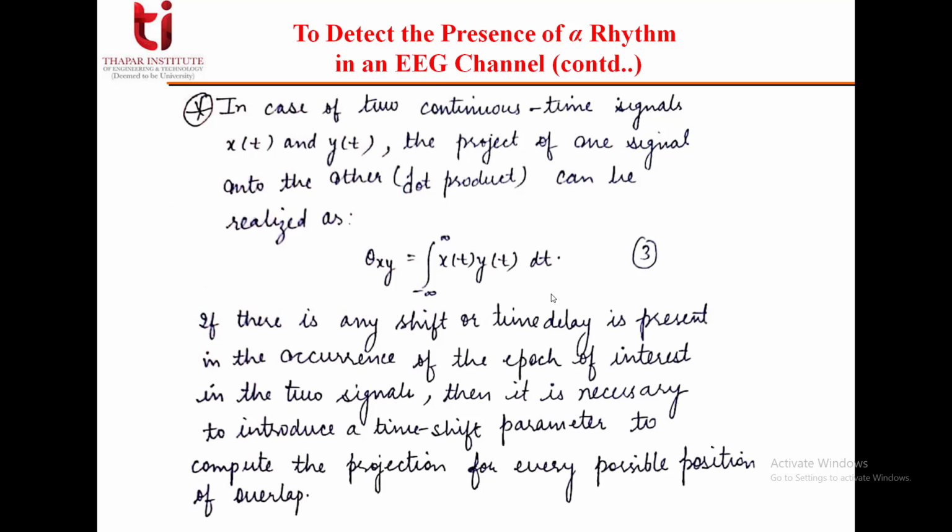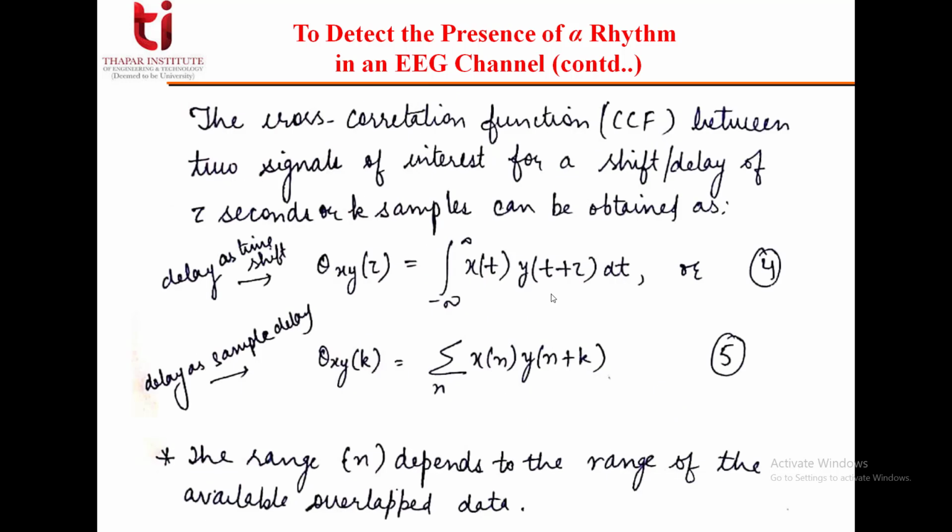So we have to introduce the time shift, or delay, parameter. Let's see how we can put it in the formula. The cross correlation function between the two signals of interest for a shift of tau seconds, or a delay of k samples, is given in equations 4 and 5.